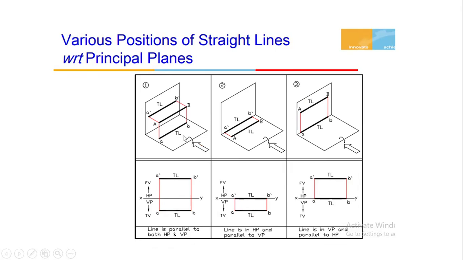When the observer views from the front view direction, the image of the line AB will be projected on the vertical plane, so it will be viewed as a straight line. Similarly, when the observer views from the top view direction, the line AB will be projected on the horizontal plane, so the top view will be seen on the horizontal plane.